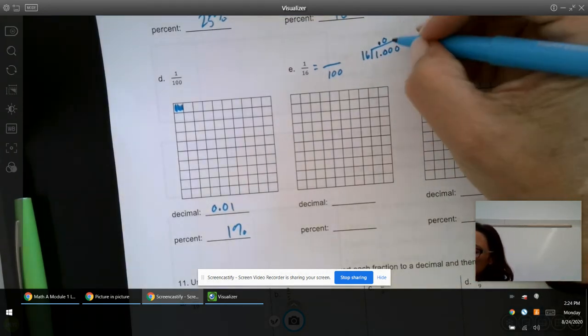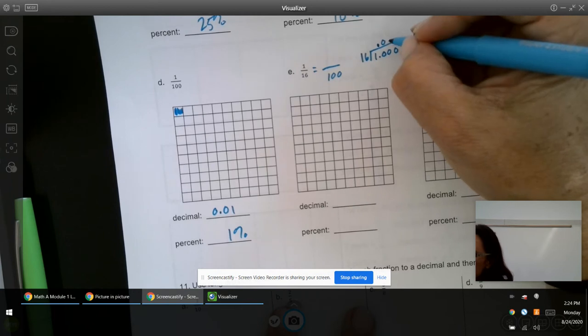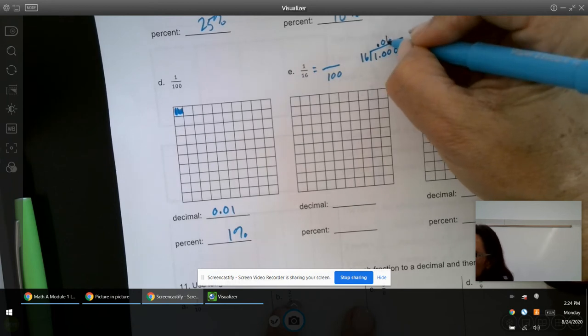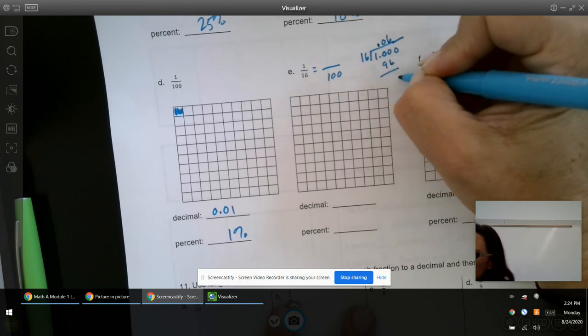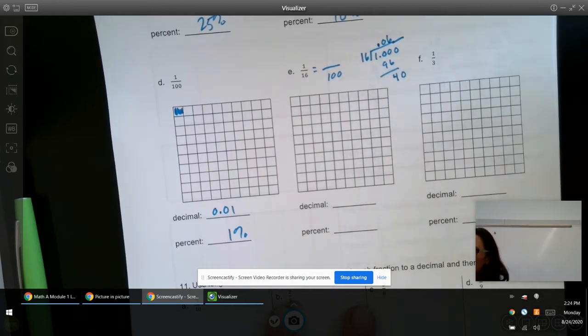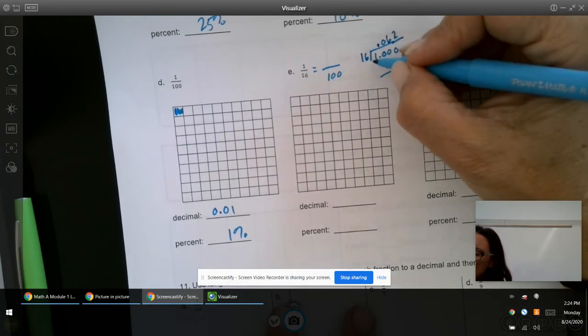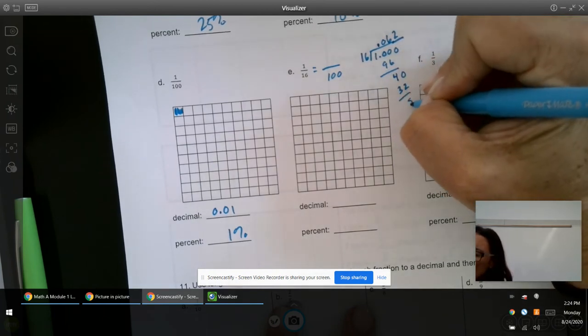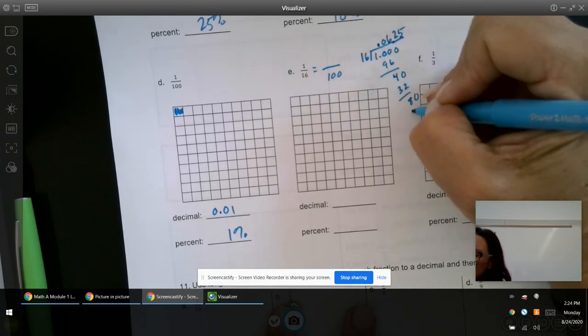It goes into 100. Let me think. 6 times? 6. Yes. And then 16 goes into 40 2 times. And that's even with no remainder.